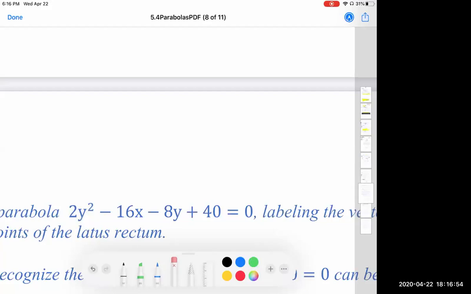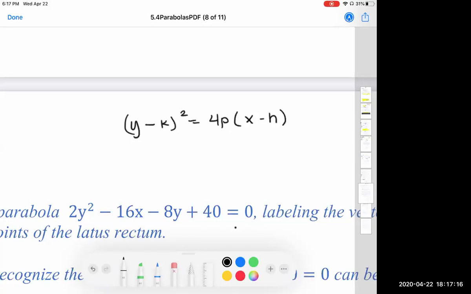If it's helpful, write down what your standard form should look like. It should look like y minus k squared is equal to 4p times x minus h. That's what we want.